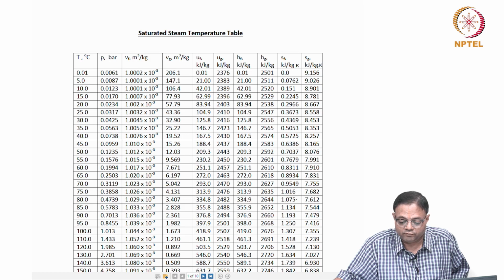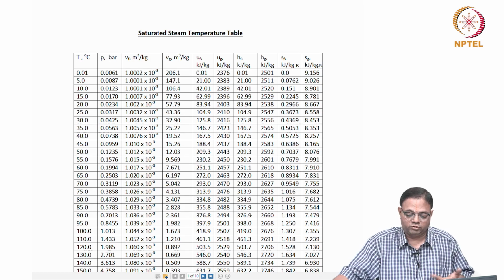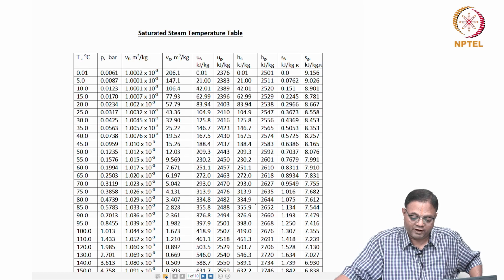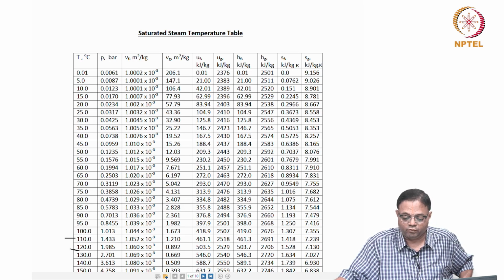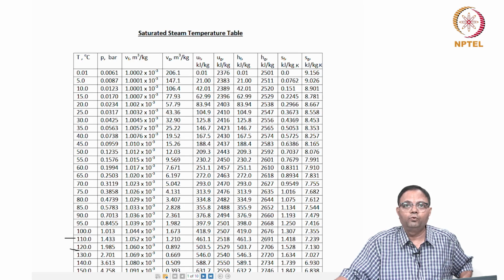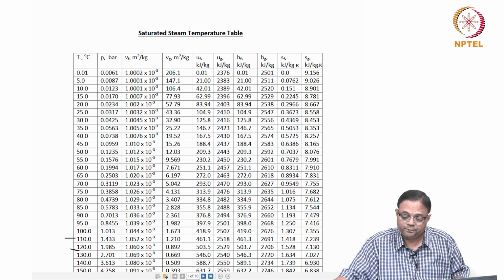So 2696 basically, here 2691 is there at 110. So maybe we can take the closest value, or we can say that the temperature will be in between 110 where the Hg is 2691 and 120 which is 2706. So we can interpolate between these two and get the value. So closest value is 110.